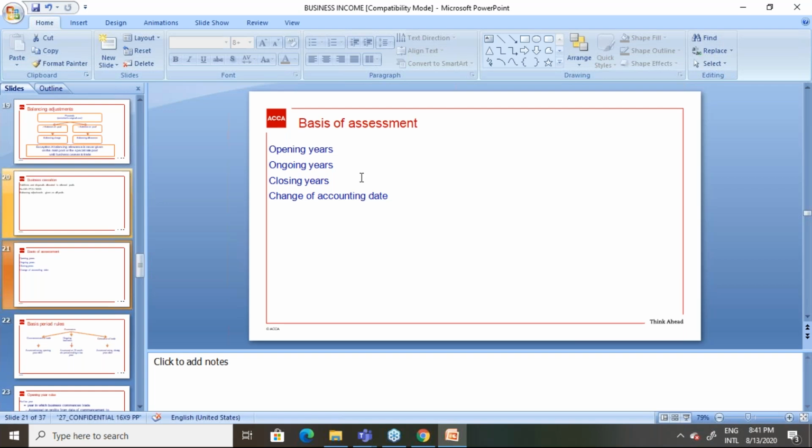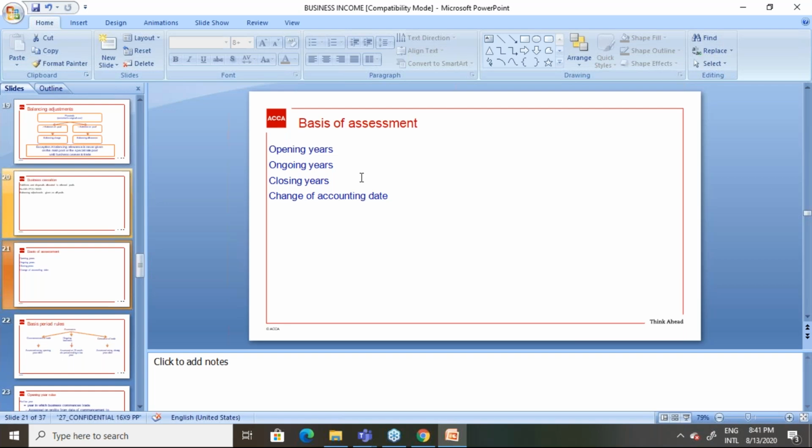But for you to understand the applicability of loss reliefs, there is a prerequisite, that is, you must familiarize yourself with the basis of assessment rules. Without knowing the basis of assessment rules, you will find it difficult to apply the trading loss reliefs available to a business. So within the time period that is available, I will try my level best to explain these things.